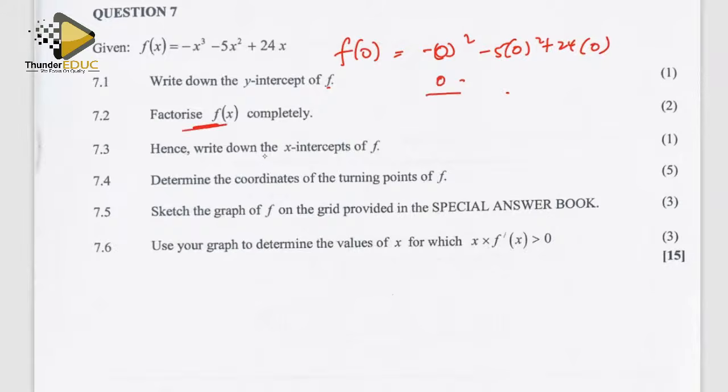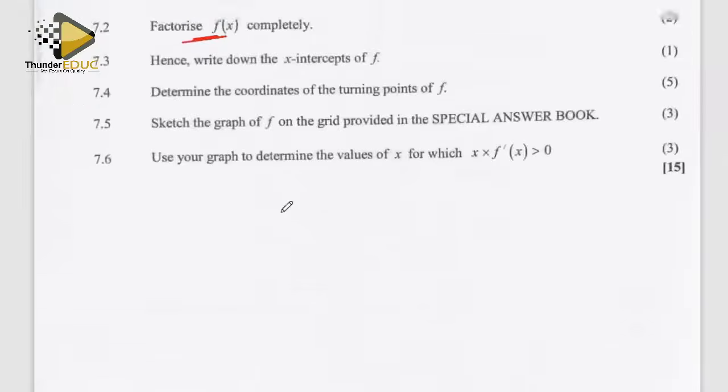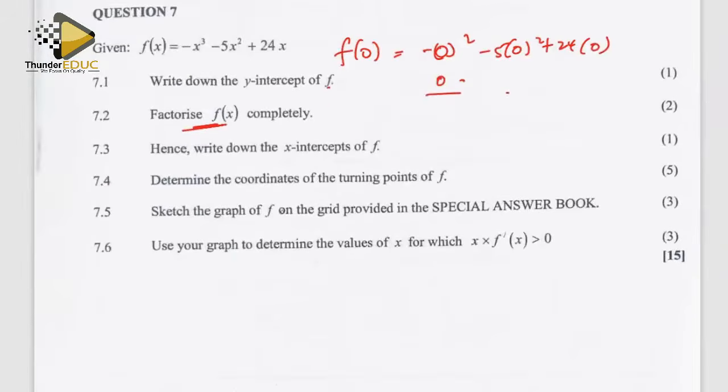Then they want us to factorize completely. I'll take out the negative x. I'll have x squared minus 5x. But if I'm taking out a negative, why does it remain a negative? True.